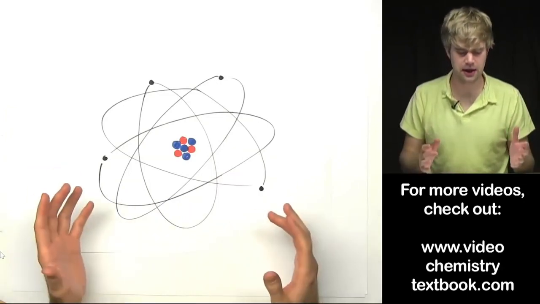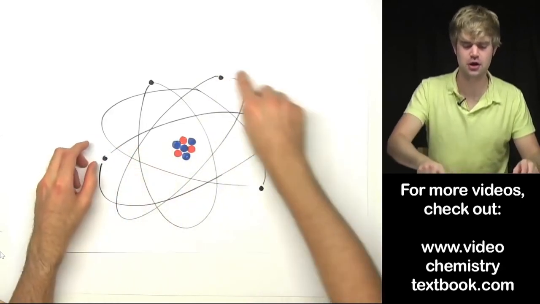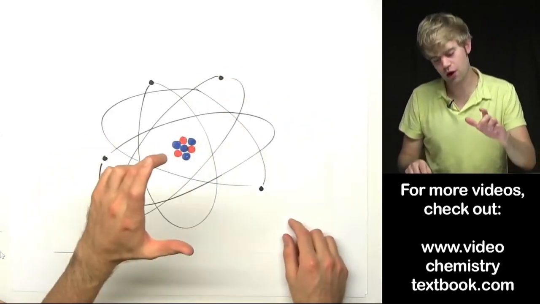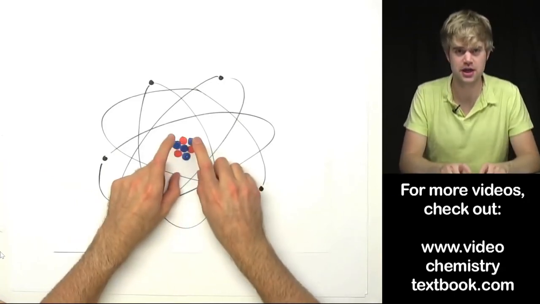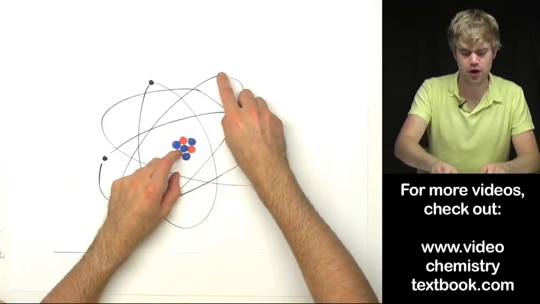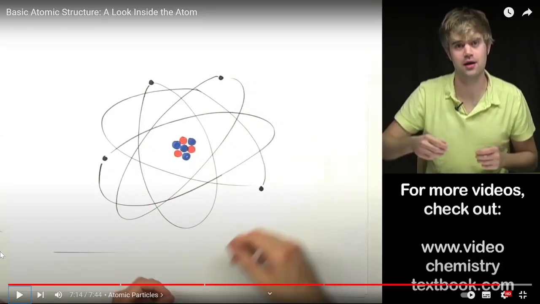The second thing has to do with the size of the nucleus and how far the electrons are from it. If this were a real atom blown up many, many times, and the nucleus were the size of a grape, the electrons out here would be almost a mile away. So you're going to fill that in where it says 2.